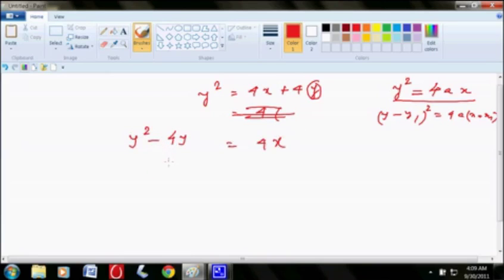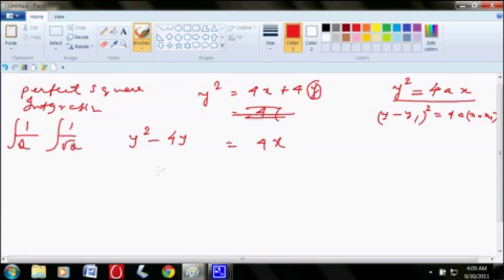This y square minus 4y here will make a perfect square. This is already discussed in integration, with the special type like 1 by quadratic, or 1 by square root of quadratic. I'll suggest you to go with that. If not, you can go like this.